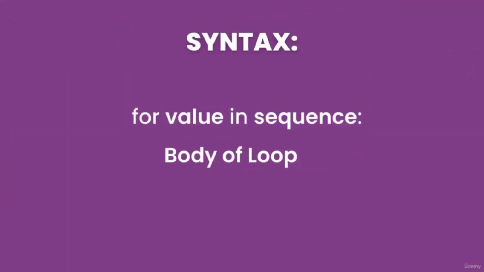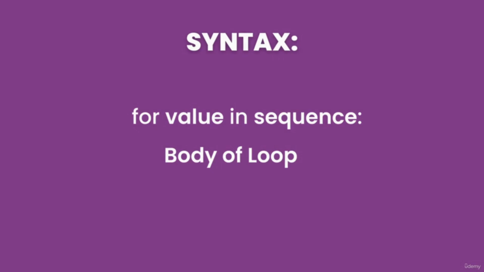So, this is the syntax for the for loop. For value in sequence, body of the loop. In the syntax, the sequence can be a string, a list, or a range. The sequence is the thing that you want to loop through. The value is just the current number, character, or thing that is being looped through.